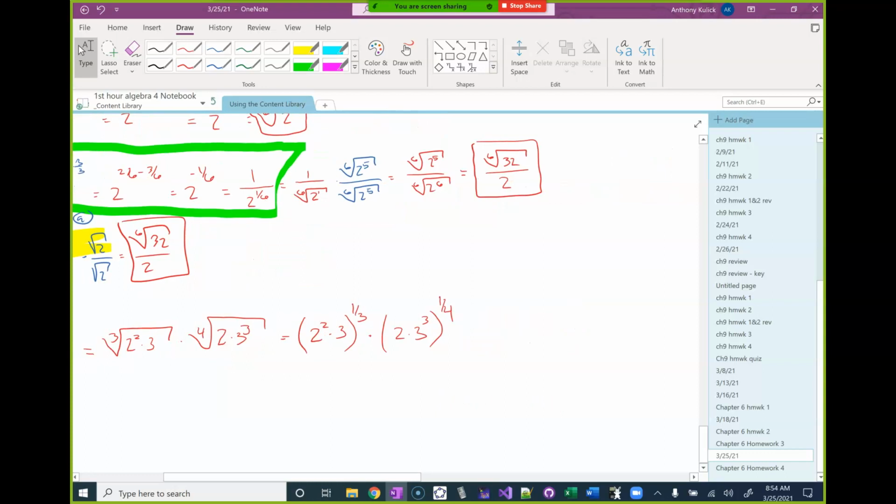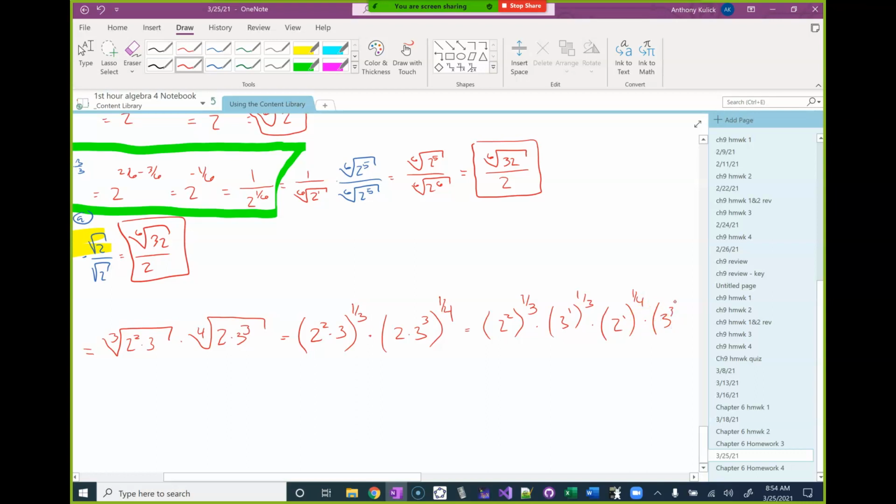That was our property 2. That's going to be 2 squared to the 1/3, 3 to the 1st to the 1/3, 2 to the 1st to the 1/4, and 3 to the 3rd to the 1/4. Everybody okay there?